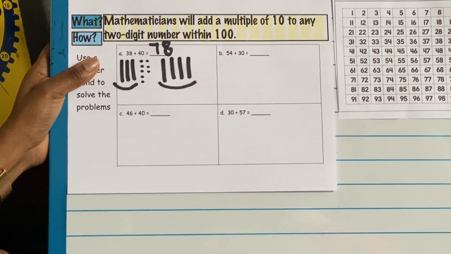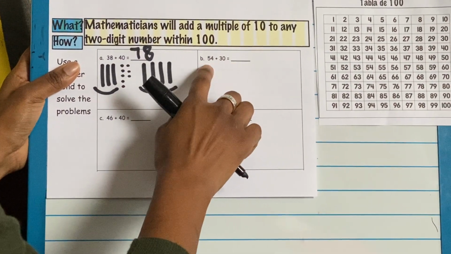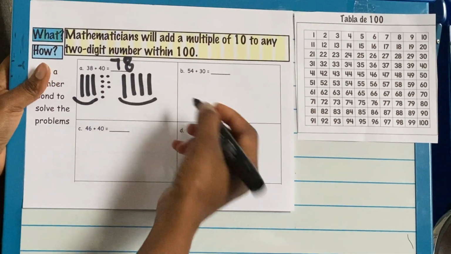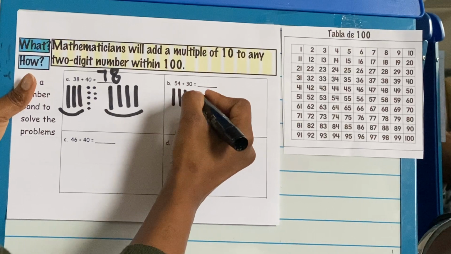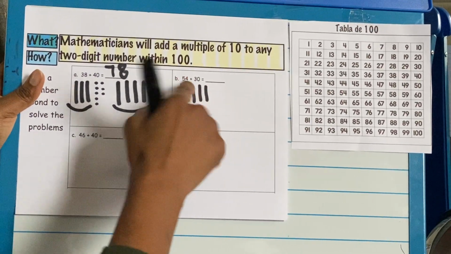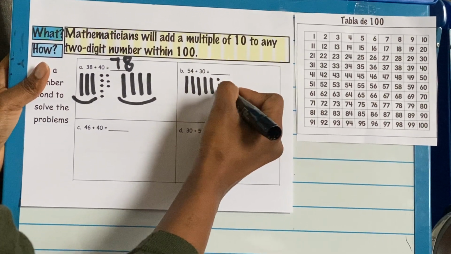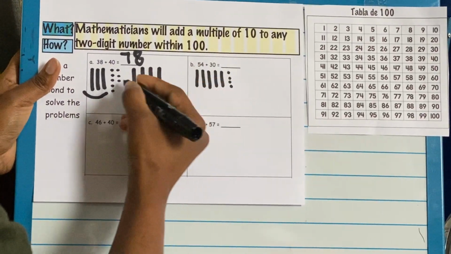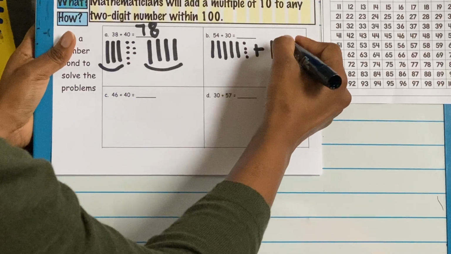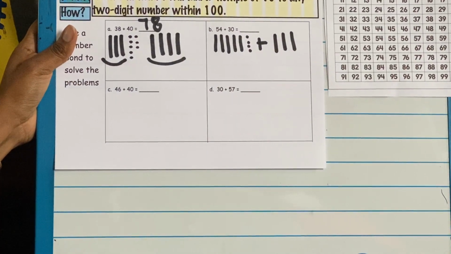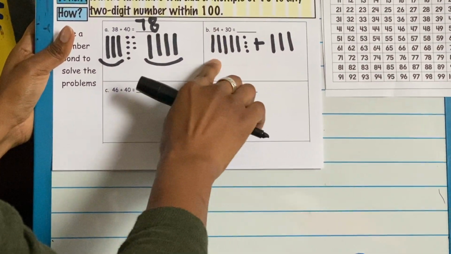Let's do another one. So we have 54 plus 30. Let's make some quick tens. 10, 20, 30, 40, 50. 54: 1, 2, 3, 4. Plus 30: 10, 20, 30. So what can we do?